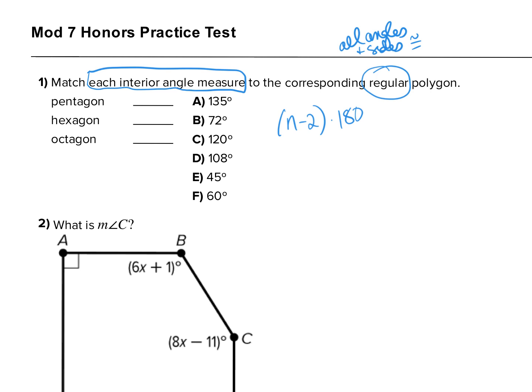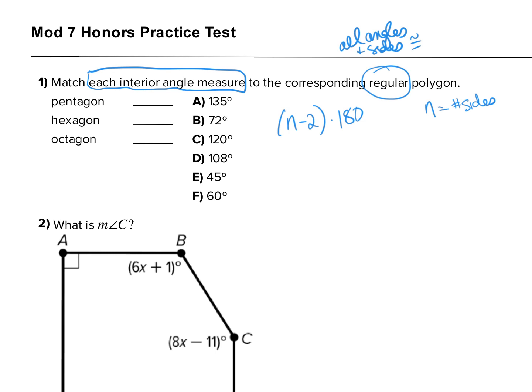We found a correlation: n being the number of sides, if you subtract 2 from the number of sides, that's the total number of triangles that you can draw within it. And we know that every triangle has a total of 180 degrees.